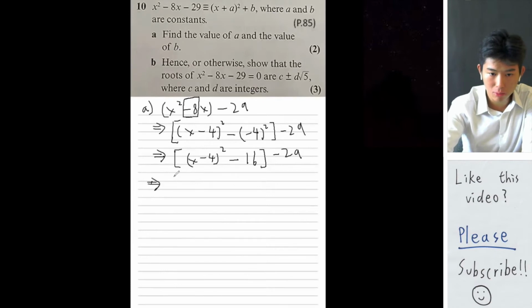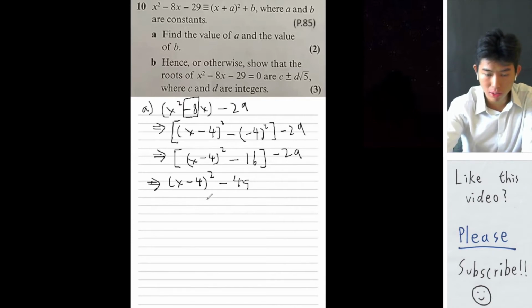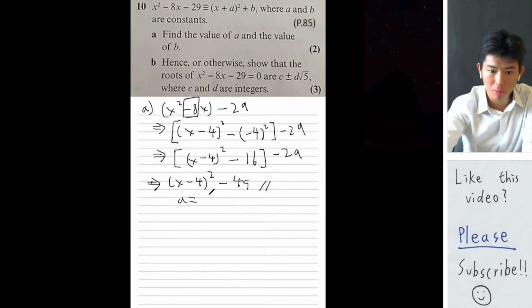The final step: (x minus 4) squared, and minus 16 minus 29 is minus 45. That is the answer in the form (x plus a) squared plus b, where a is minus 4 and b is minus 45.